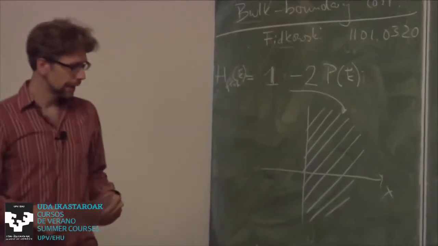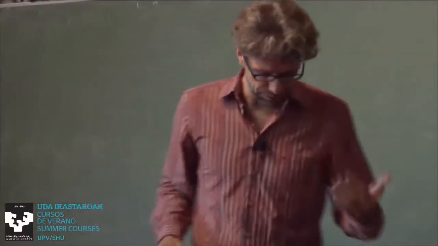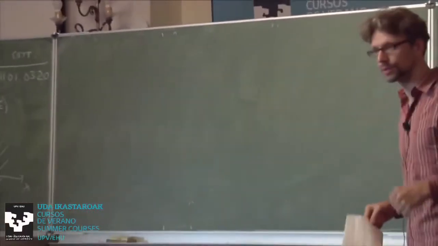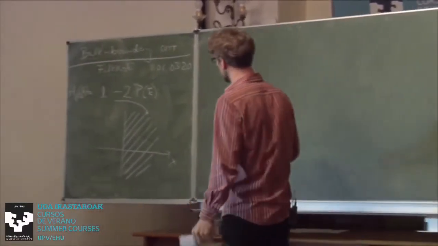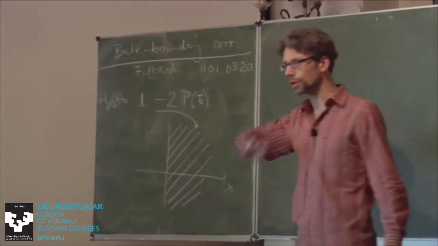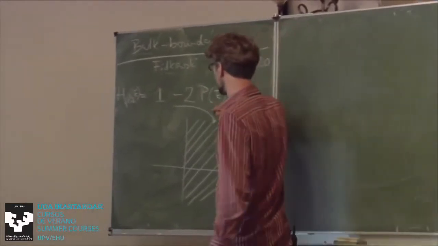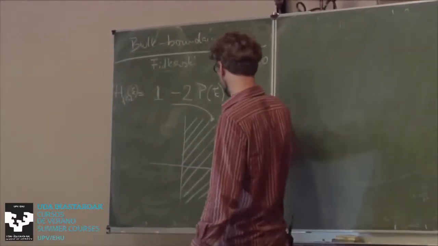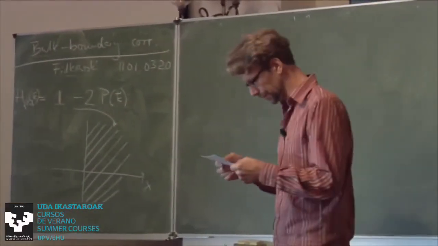For topological features, we can basically ignore the detailed energetics of the occupied bands. What this Hamiltonian does is it puts the energies of all occupied states at -1, and all unoccupied states at energy +1, right? So that's the simplified version of the Hamiltonian of the system that we are interested in.